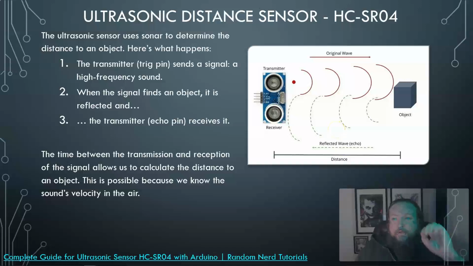So it's those 3 steps: a signal is sent to the trigger, the device automatically sends out the sonar, the receiver is waiting to receive it back, and then the echo pin echoes back that transmission. The time between transmission and reception of the signal allows us to calculate the distance of that object, since we know the velocity of sound.